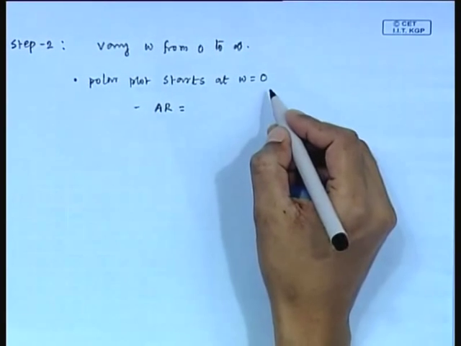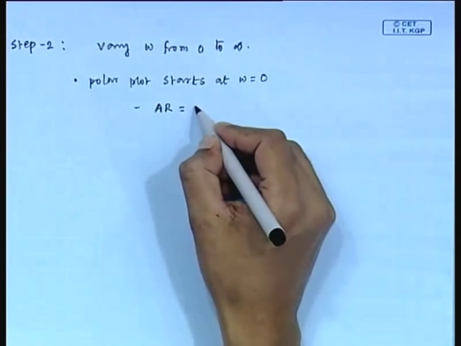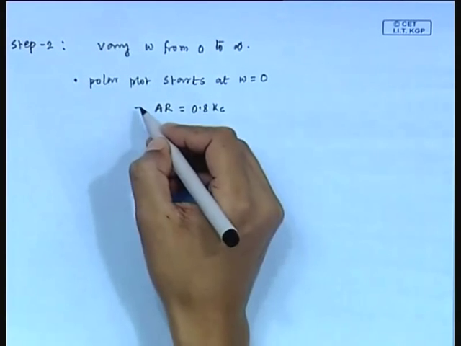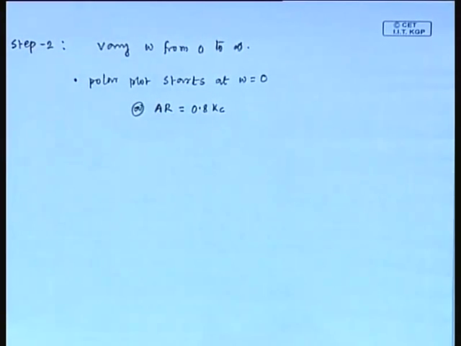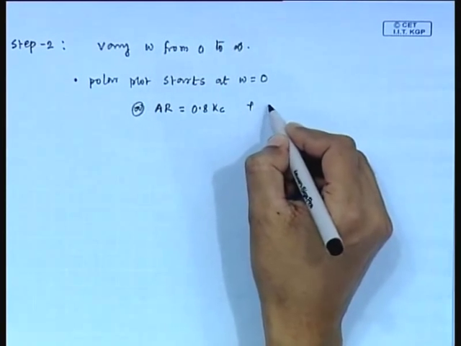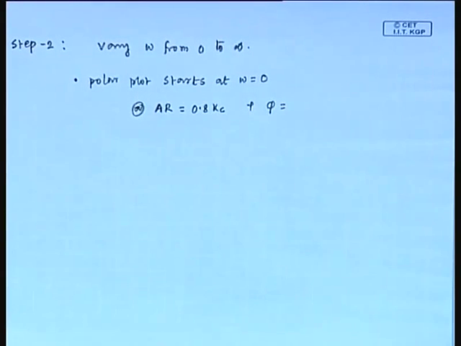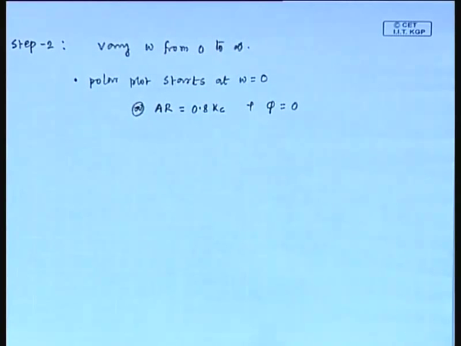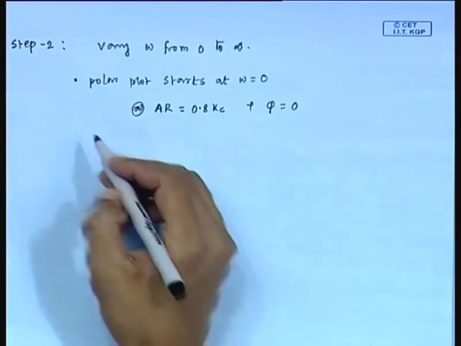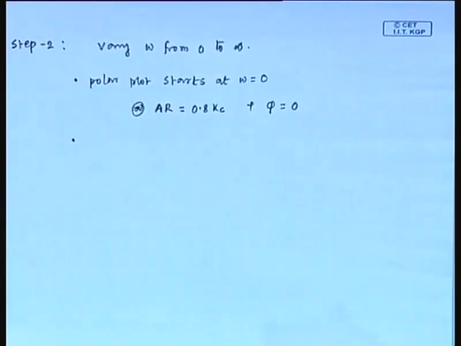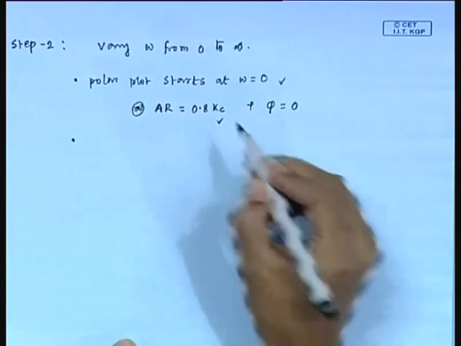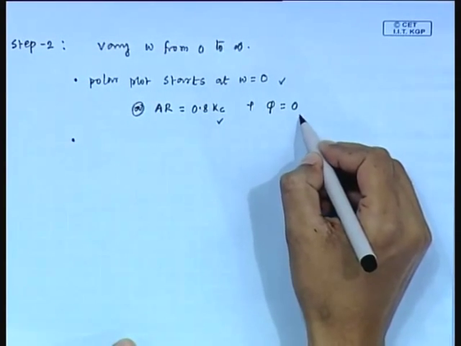When omega equals 0, amplitude ratio becomes 0.8 Kc. Similarly, we can determine the value for phase angle. How much is the phase angle when omega equals 0? 0. So, when omega equals 0, we obtain amplitude ratio 0.8 Kc and phi 0 degree.